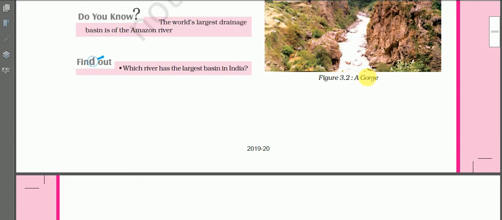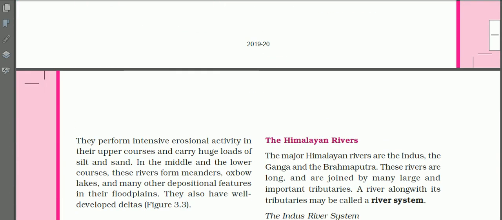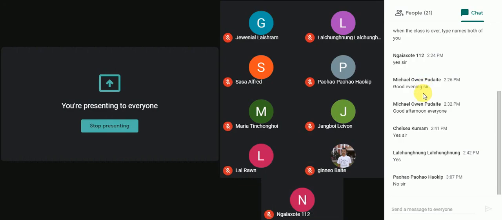Again, let me repeat. Number one point is that most of the Himalayan rivers are perennial, whereas the peninsular rivers are seasonal. The second point is that the courses of the Himalayan rivers are long, whereas for the peninsular rivers the course is short. And what about the depth of the river valley?